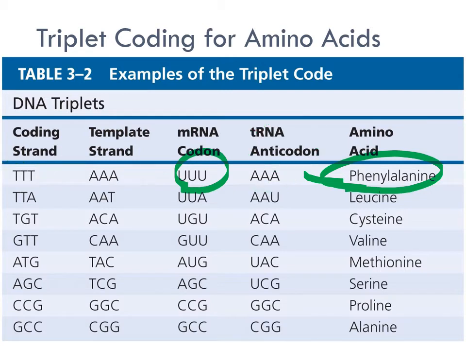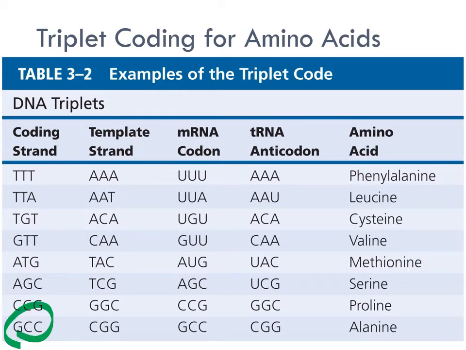So if we're reading the mRNA, and the codon is UUU, that's going to call in the tRNA that's holding one single phenylalanine amino acid. Then the next codon could be GCC, right?